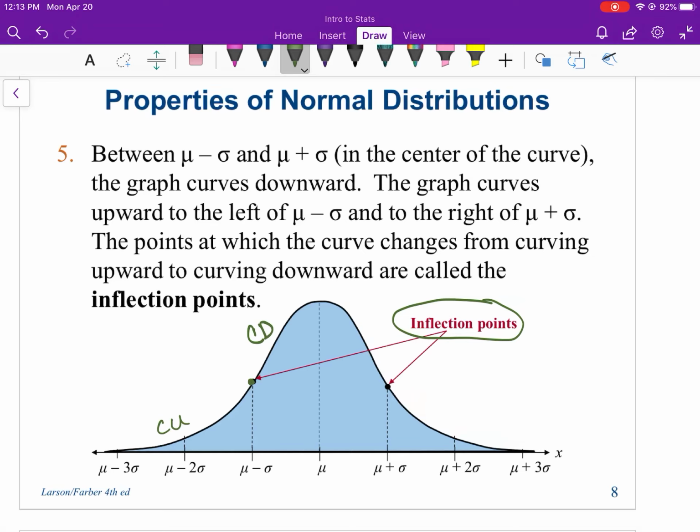Concave up is a way to say the curve would hold water, and concave down, the curve would not hold water. So it's upside down. Where the curve switches from concave up to concave down, we call that an inflection point. We study inflection points a lot in calculus.